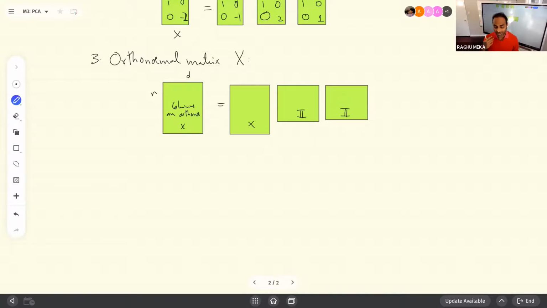Right? They're not required to be non-negative. They could be negative. Okay? Whereas in singular value decomposition, we require the entries in the middle matrix to be non-negative. Okay? So that's the main thing to keep in mind.